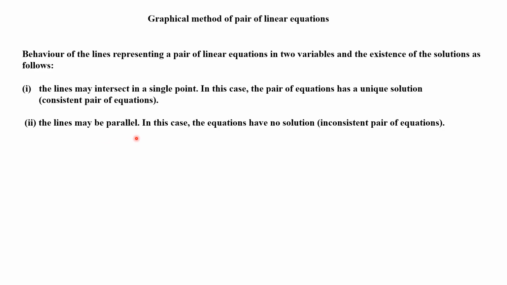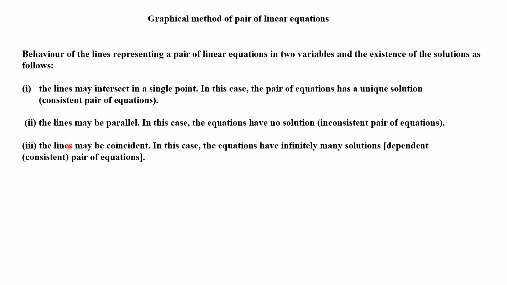Next is the lines may be parallel. Maybe you plotted the graph of both the linear equations and what you have found is that the lines are parallel. Now when they are parallel, you will not have any solution. And we call it an inconsistent pair of equations. Okay. The third case is the lines may be coincident. Coincident means both the lines will overlap on each other.